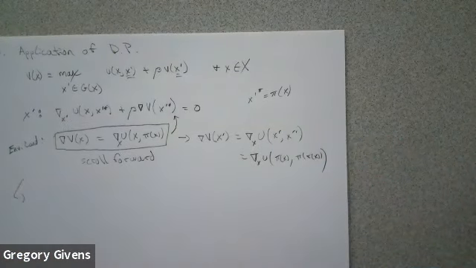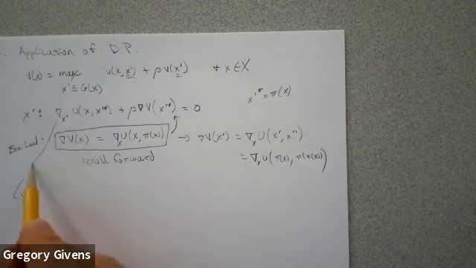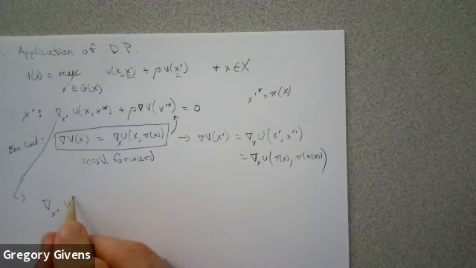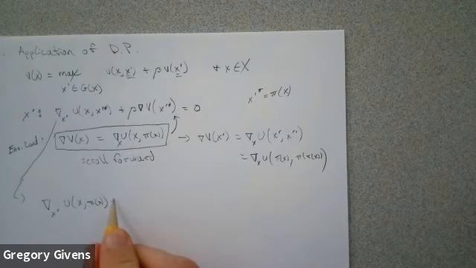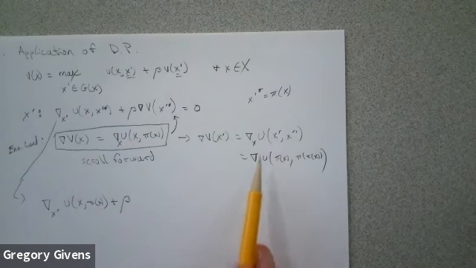So we can take that information and substitute it into the first order condition to get the gradient with respect to the second argument of u at x, pi of x, plus beta times the gradient of the value function evaluated at x prime star.